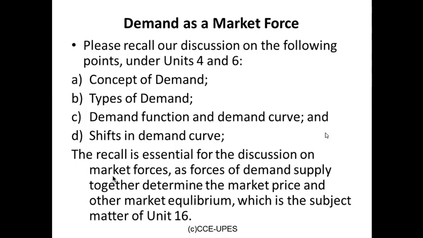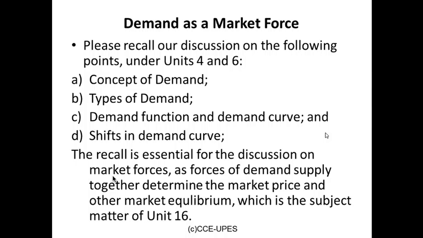And these are, we said, demand for commodity X is a function of price of commodity X, price of commodity Y, price of commodity Z, then income of the consumers, price expectation of the consumer, taste and preference of the user, and all other factors. Please refer to all the slides made with Unit 4 for the demand and Unit 6 for the supply.